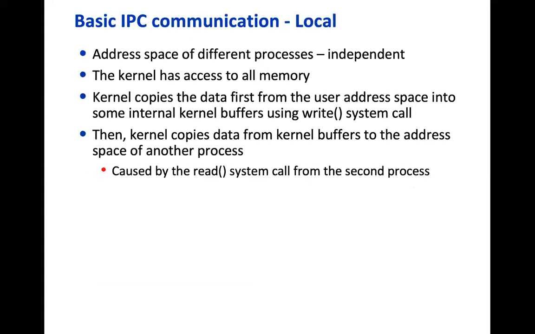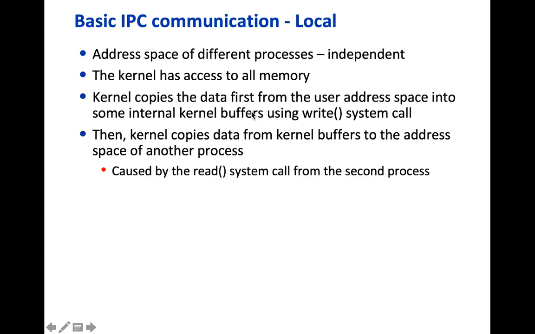Address space is independent, but the kernel has access to all the memory. The kernel copies data first from the address space into some kernel internal buffers using the write system call. Then the kernel copies data from the kernel buffer to the address space of another process, which is caused by the read system call.